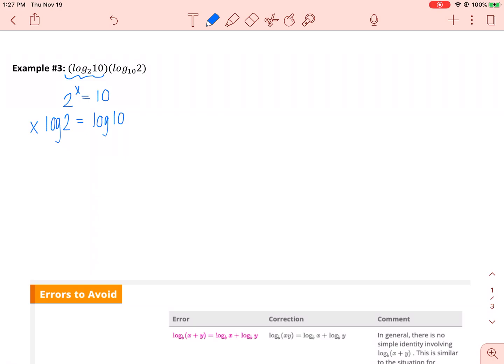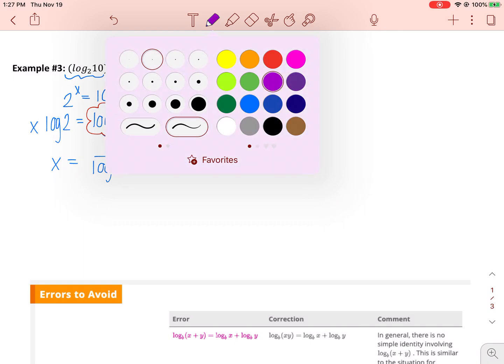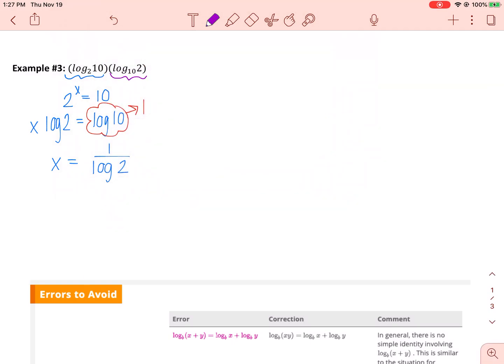Looking good so far. We know that log of 10 is just 1, again from our property sheet. So then I can get x equals 1 over log of 2. Now I'm going to do the same thing for the purple. Getting it into exponential would be 10 to the y.